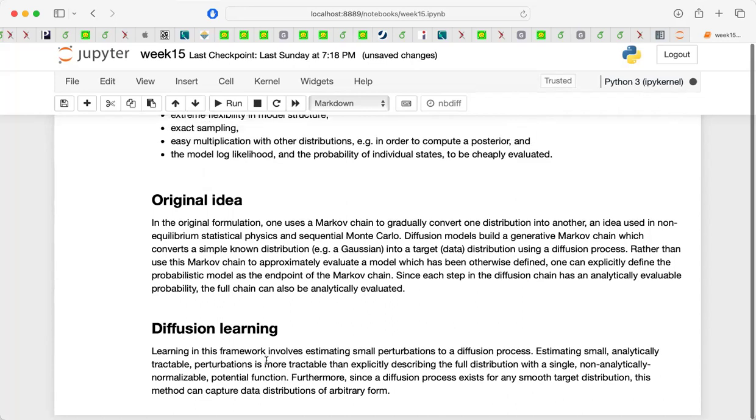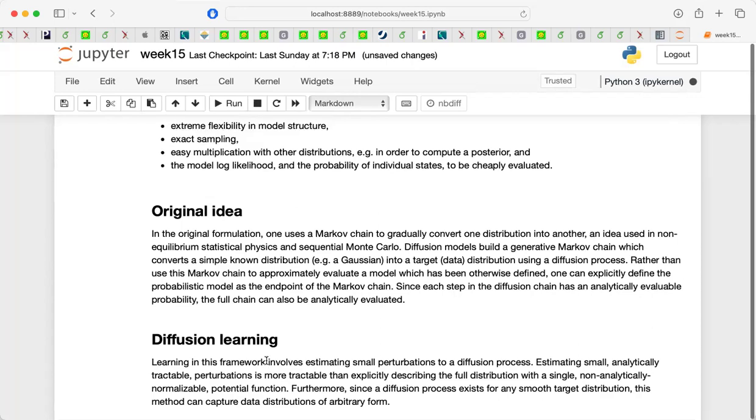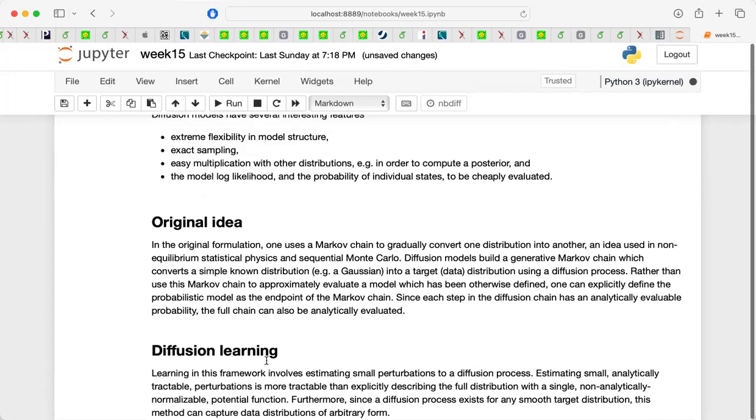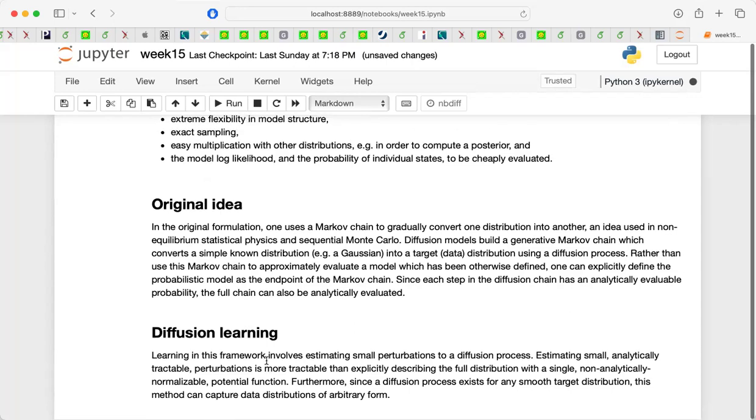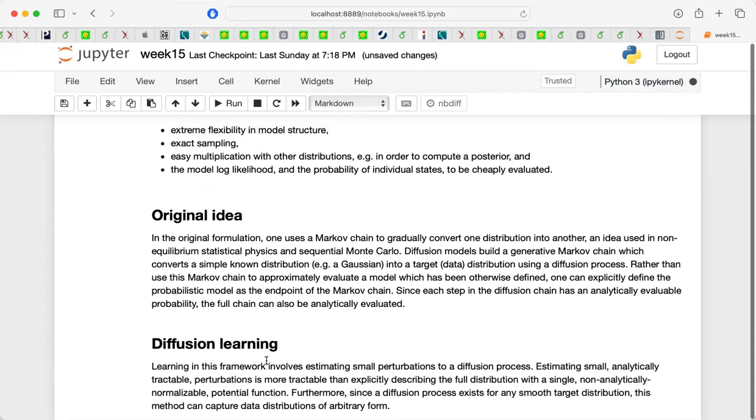So what we are doing now, compared to variational autoencoders and Boltzmann machines, is that in Boltzmann machines and variational autoencoders, we're dealing with a full intractable and often non-analytically normalizable potential function or partition function and probability distribution.